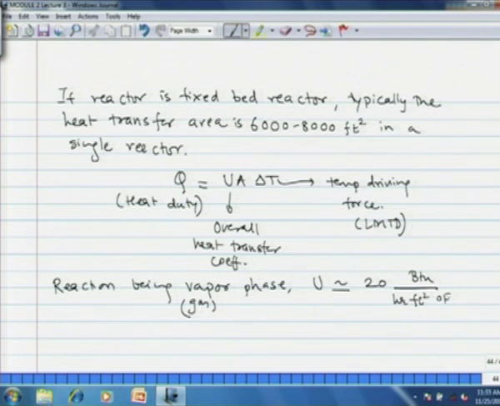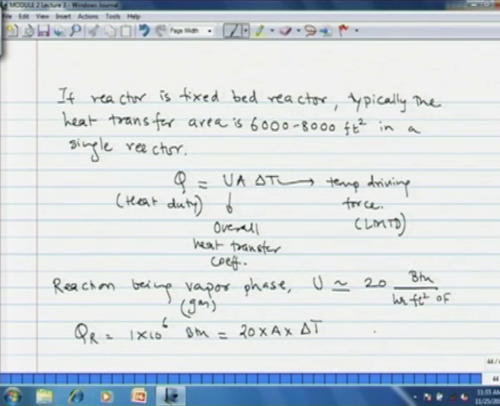Okay. Now, if the heat load is 1 million BTU, then the area that is required will be 20 into A into delta T.